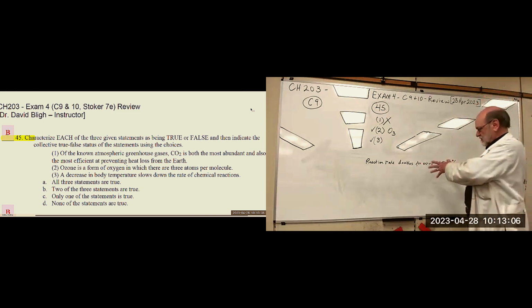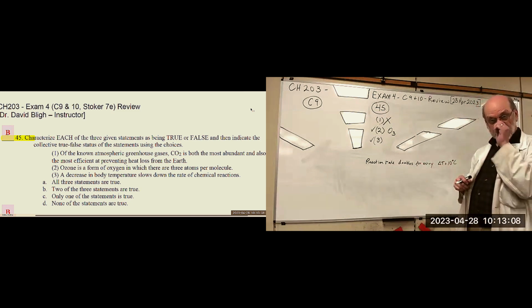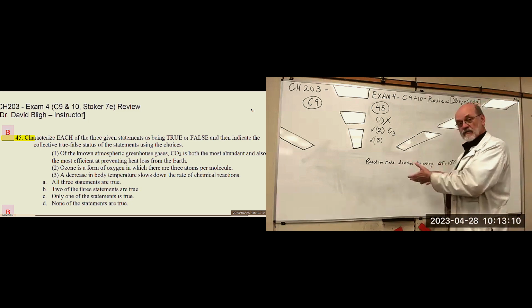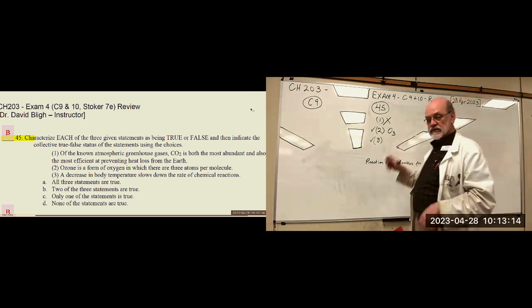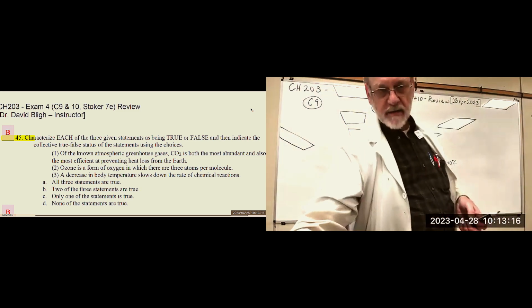It's not exact, but it does show that the reaction rate increases with temperature. So 2 and 3 are true. That means B is the answer.